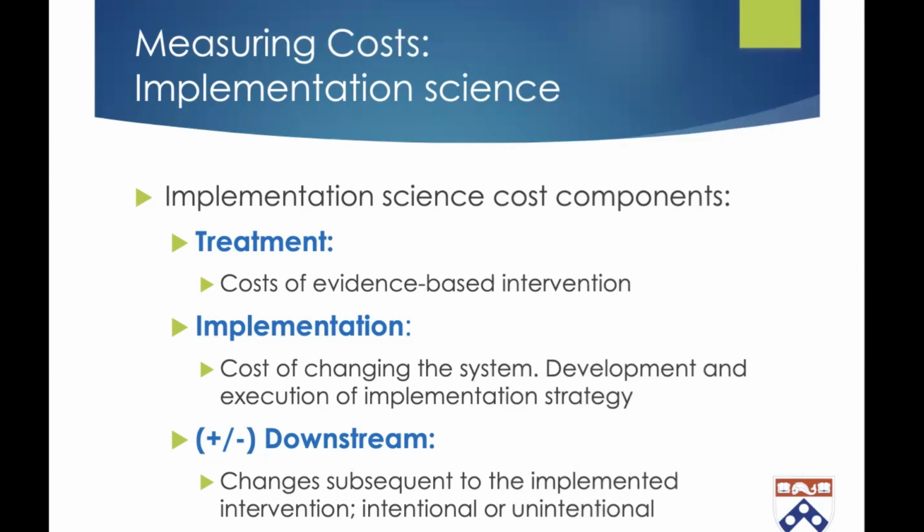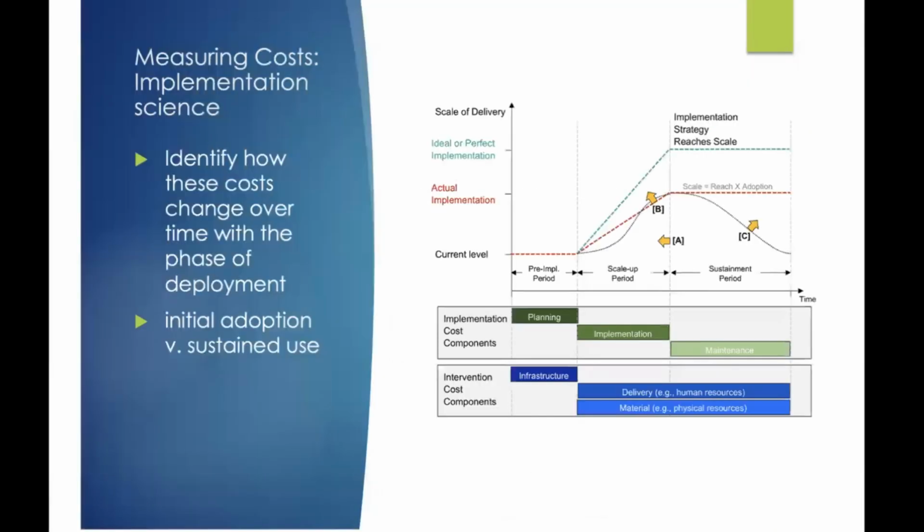There are other things that need to be looked at as part of the cost effectiveness analysis if it will impact implementation and adoption of these strategies. Also, measuring costs, you want to identify how these costs change over time with the phase of deployment. Initial adoption versus sustained use might be different because your volume, your capacity, the cost might change in terms of more staff or more supplies, more space, etc.